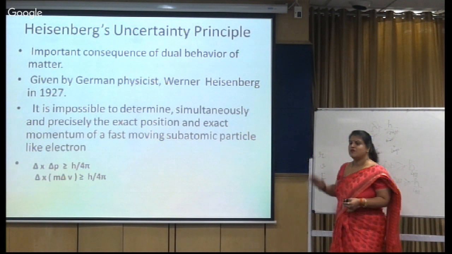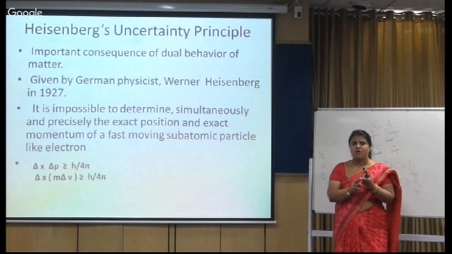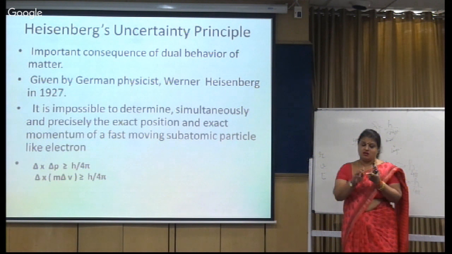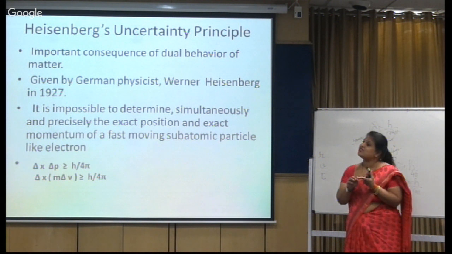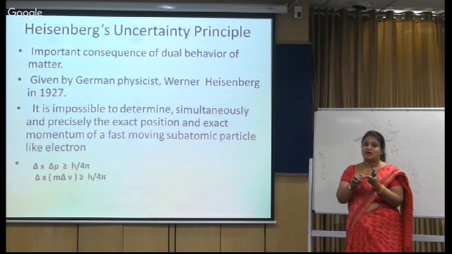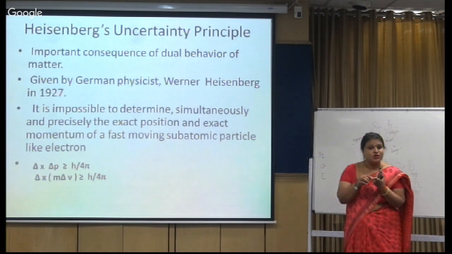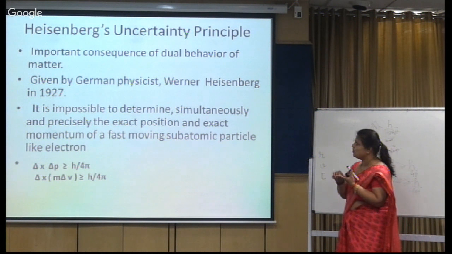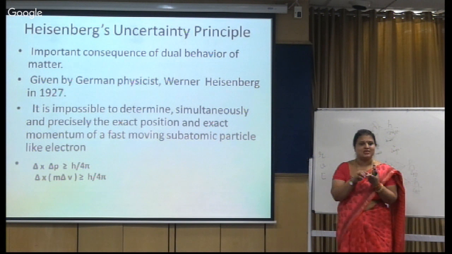But as we have just seen, for microscopic objects like electrons, Bohr's model is not valid. We have to take into consideration de Broglie's dual nature of matter and Heisenberg's uncertainty principle.